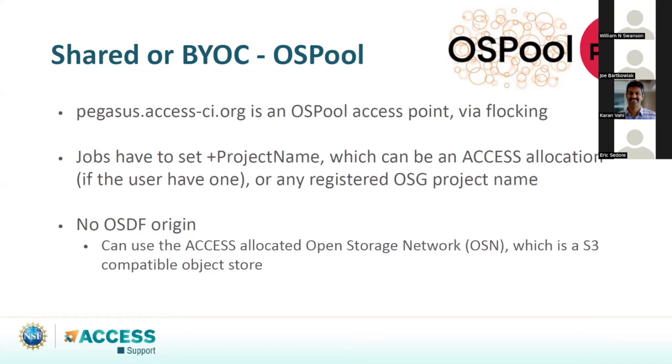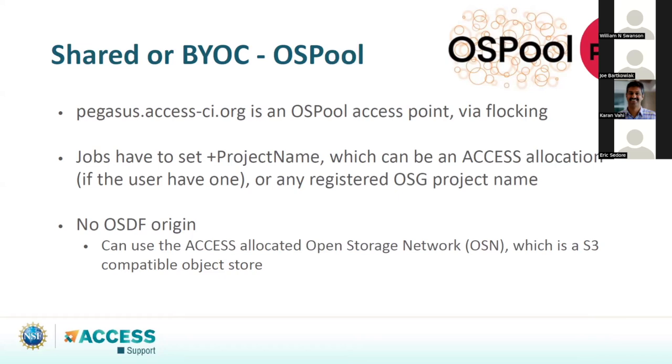So this is really an OSPool access point. We use flocking for that. But it might be slightly different from the other OSPool access points that we've talked about this week. For example, we do not have an OSDF origin on this machine. That's because the environment that we're targeting is the access environments, and what they have is OSN, the Open Storage Network.